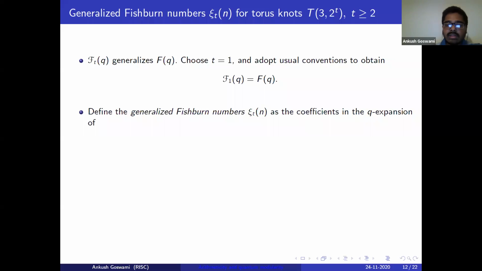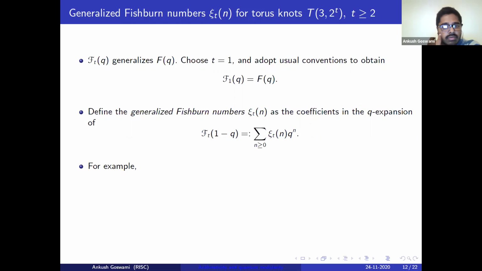And now one can define these generalized Fishburn numbers, xi_t(n), which are the coefficients in the q-series expansion of F_t. So if you do a q-series expansion of F_t(1 minus q), then the coefficients will be xi_t(n), and these are called generalized Fishburn numbers.